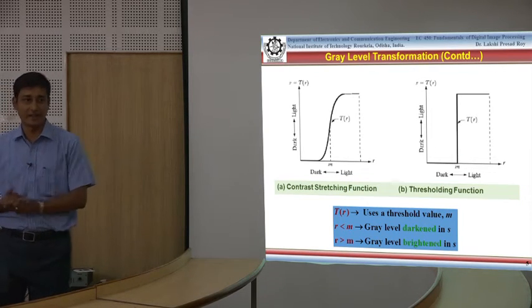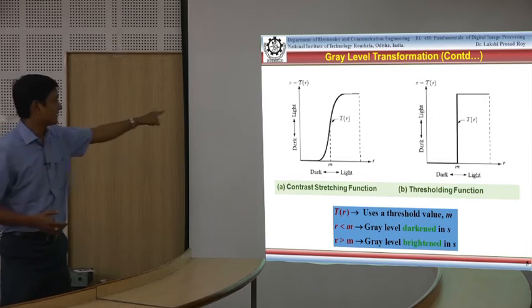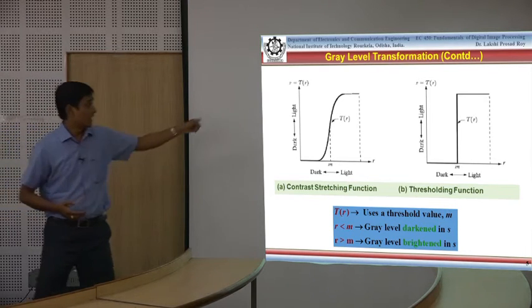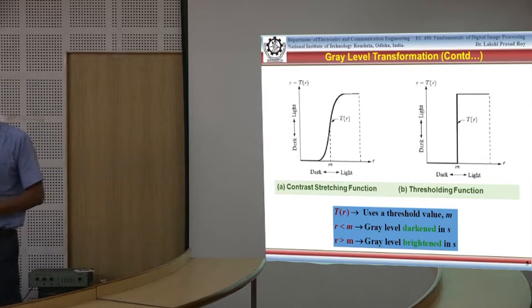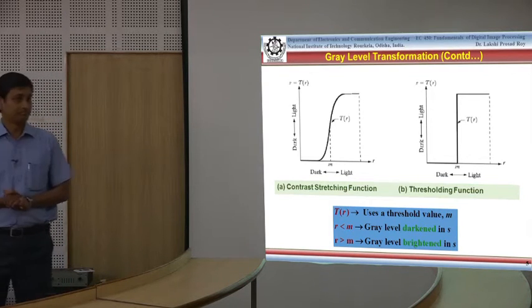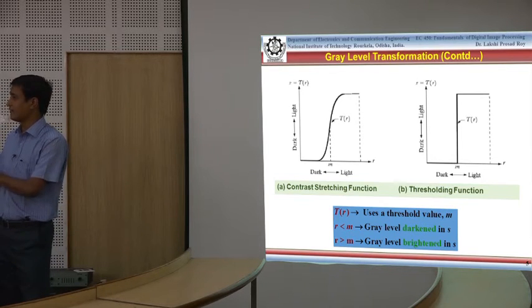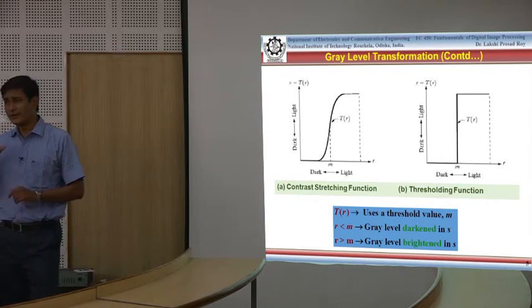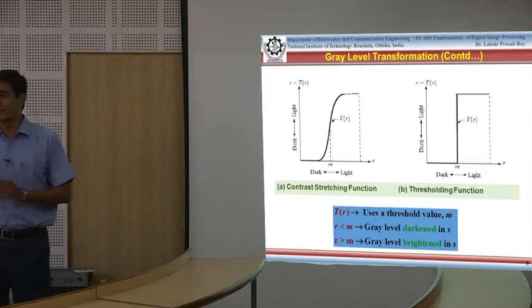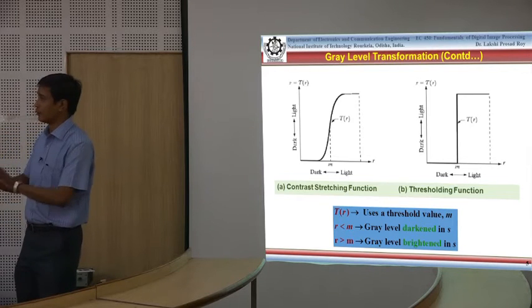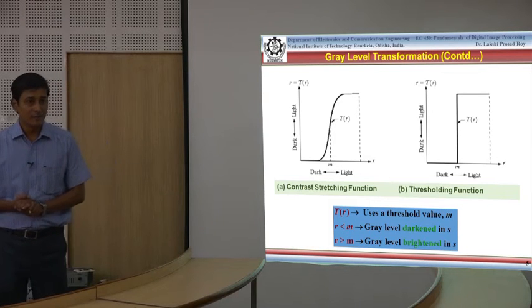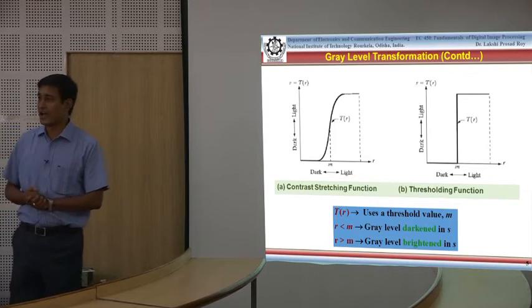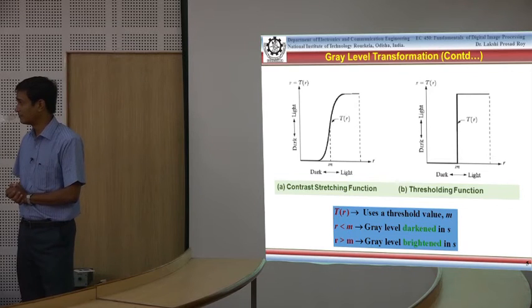With a more simplified example, let us make this nonlinear curve into another form which is given in B, where you have fixed the threshold at m. Now you are defining the function this way: if the input gray values are less than m, make them all 0. If it is more than m, then make it the highest, bright, or L minus 1.